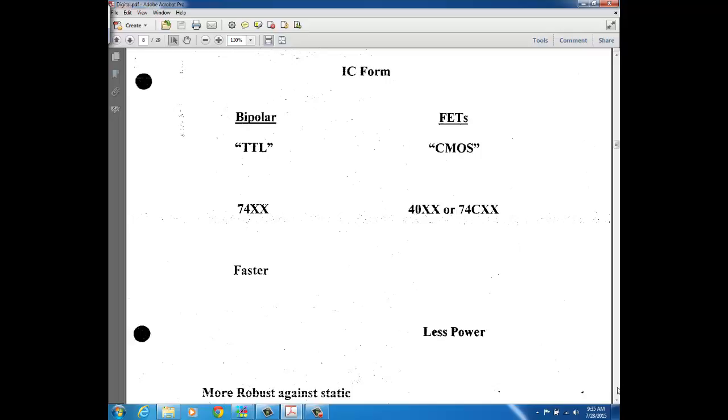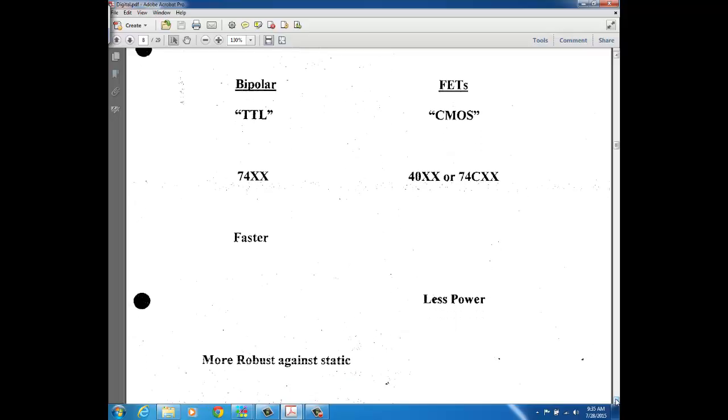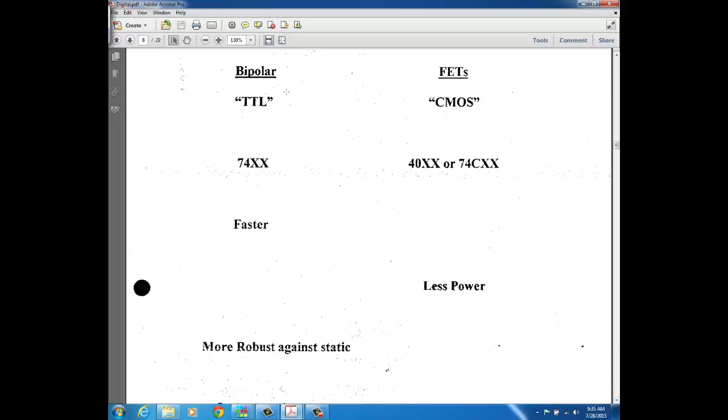Now, what decides what type of IC you use, whether it's TTL or CMOS? Well, it goes back to the differences we talked about between bipolar junction transistors and field effect transistors. Remember, FETs consume less power because of that high impedance on the gate, but BJTs tend to operate faster as switches.